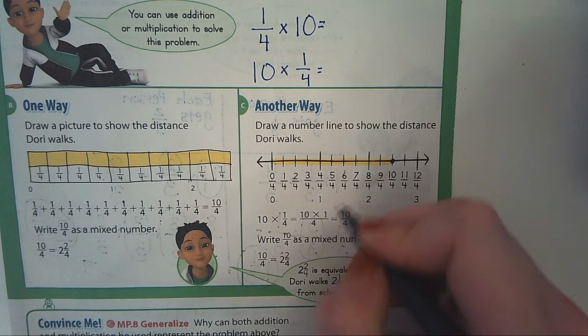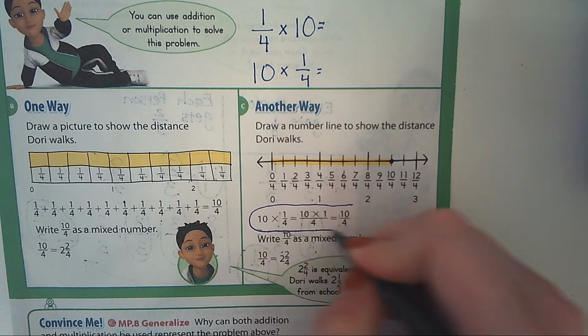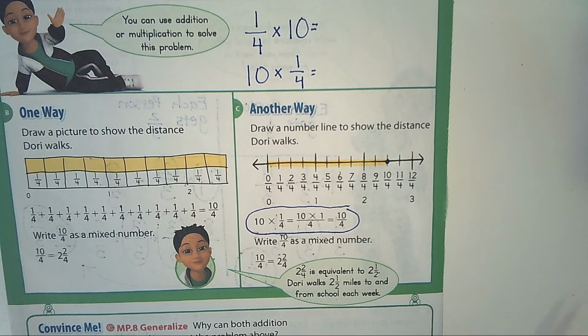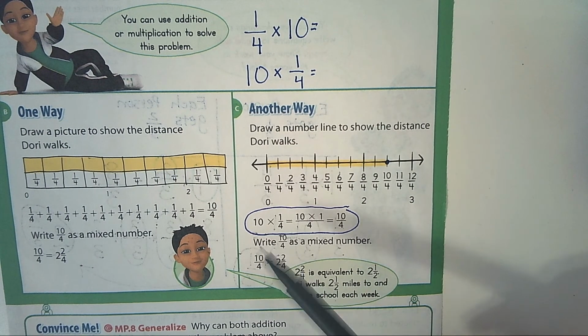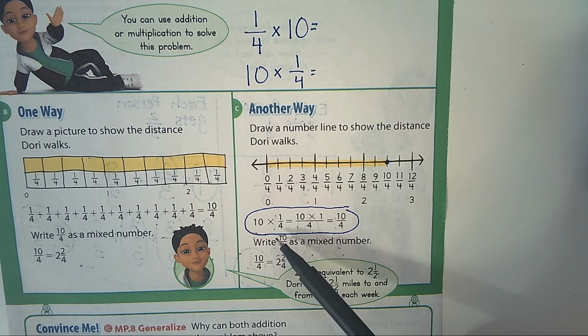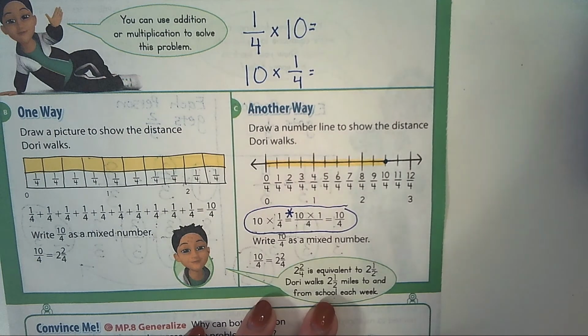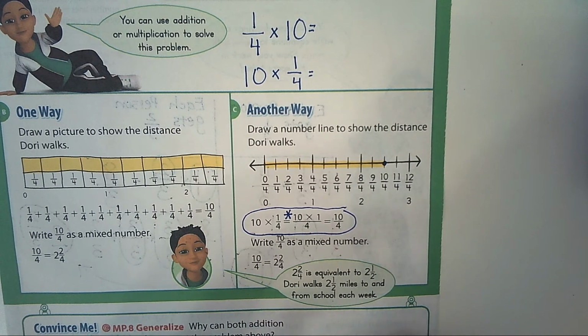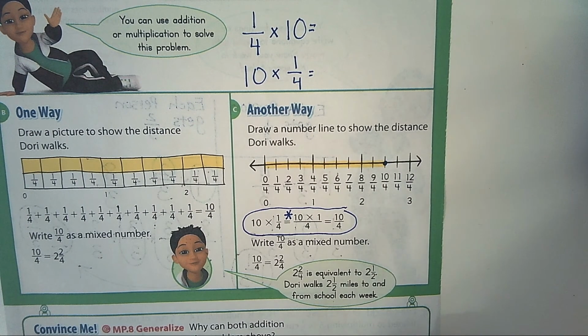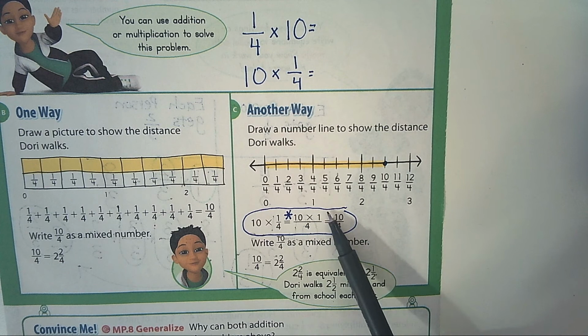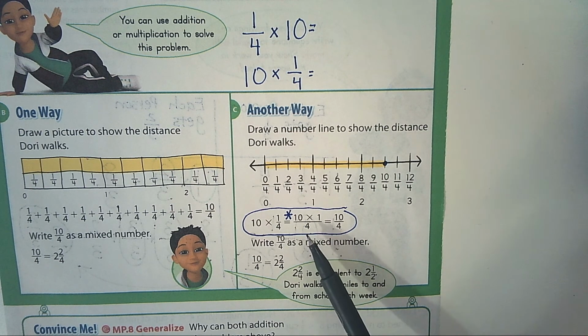Now here's the equation. We have 10 times our 1/4. And this is something here that we weren't doing in class, but you could do it this way. It's kind of like an extra step, really, which is why we didn't do it in class. But you could write what you're multiplying by, the whole number times the numerator on top of the denominator.